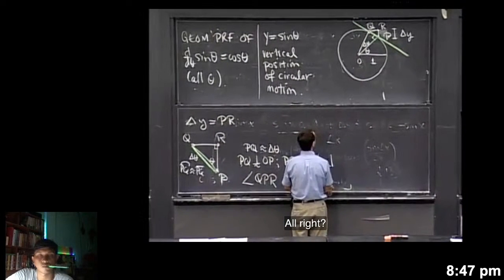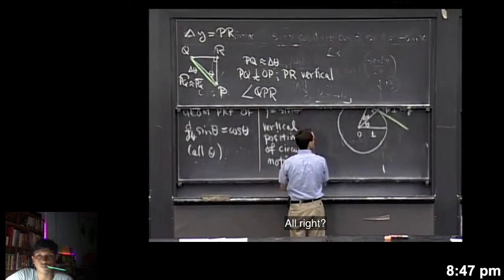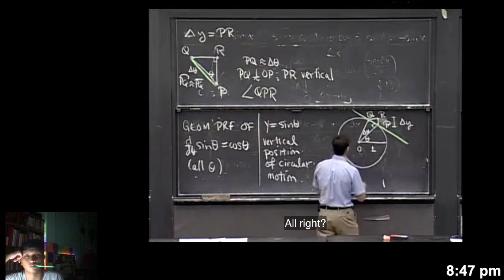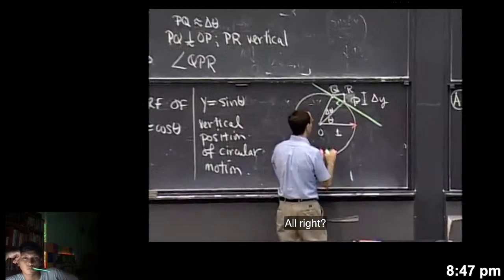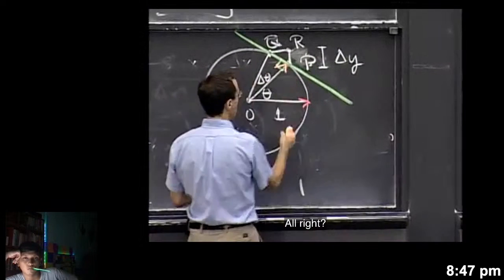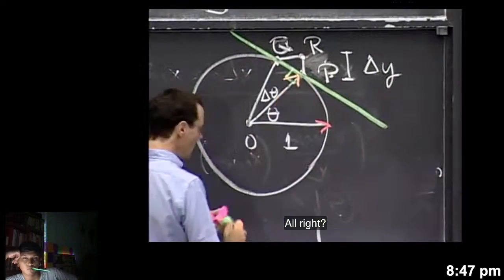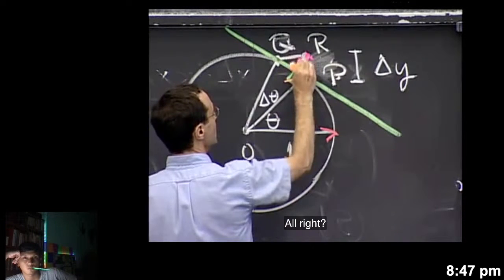Let's do it with some arrows here. So I started out with this, and we'll label this as orange. Okay, so red to orange, and then I rotate by 90 degrees, and the red becomes this, starting from P, and the orange rotates around 90 degrees and becomes this thing here. All right?